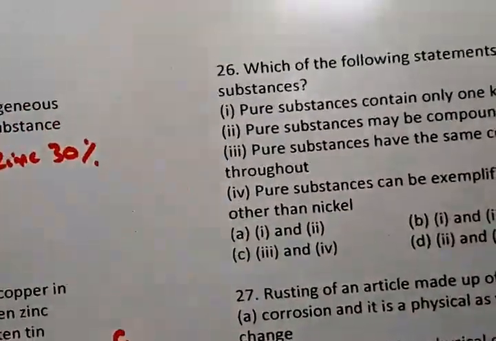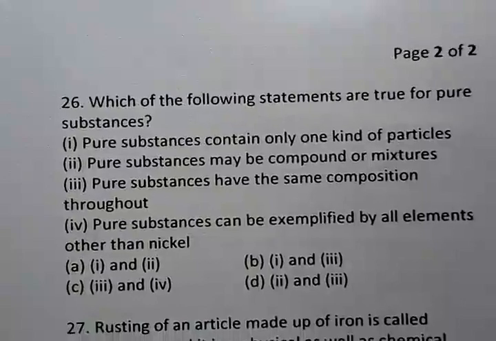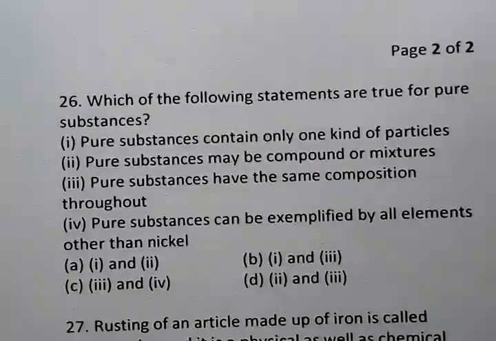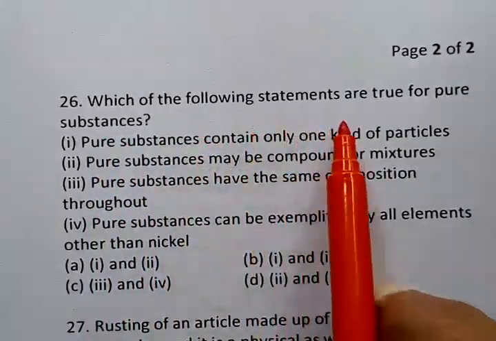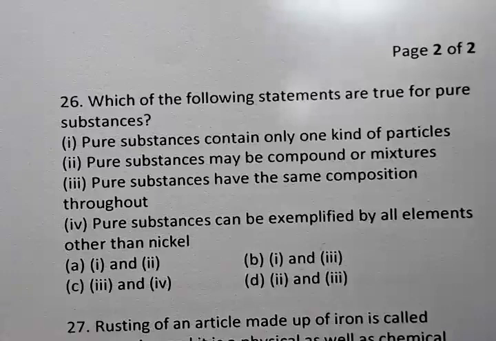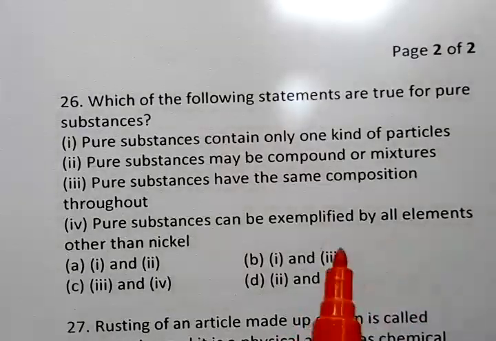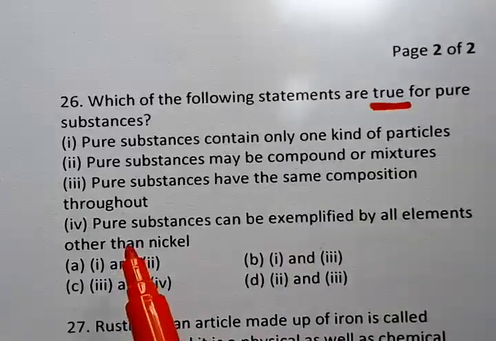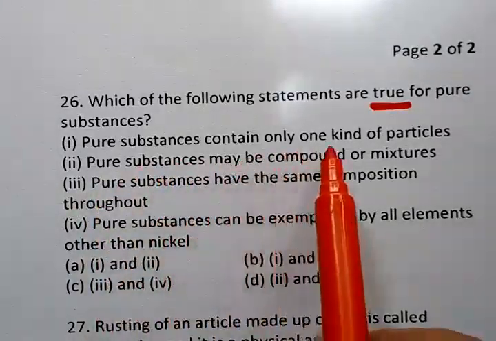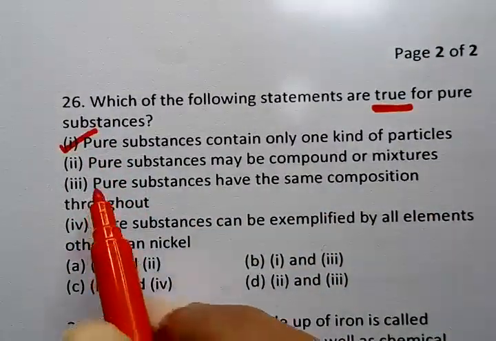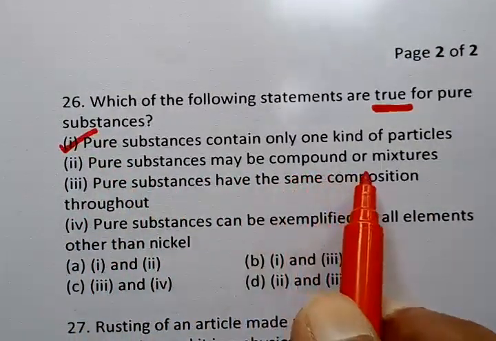Okay, so 26th one. Which of the following statements are true for pure substances? Pure substances contain only one kind of particles. Straight away we can say yes. Pure substances may be compounds or mixtures.